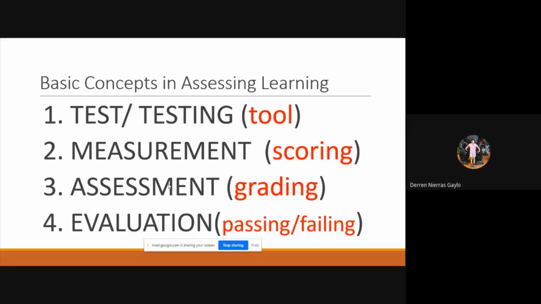So that's assessment. Evaluation is more on judging the worth. It's more on giving quality. If measurement is quantity, evaluation is quality. Or it's judging the worth. It's giving a qualitative interpretation. That's evaluation.